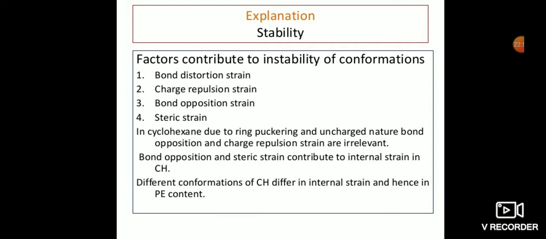Different conformations of cyclohexane differ in internal strain and hence in potential energy content, right? So this way energy also varies. All conformations have different internal strain, hence there is a difference in potential energy also.